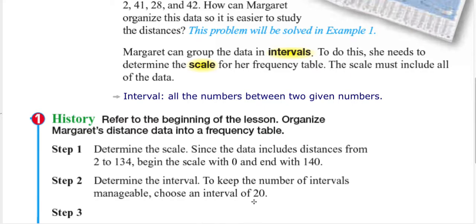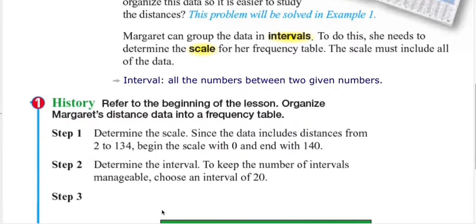That's what it means when it says intervals of 20. Remember the definition of an interval? All the numbers between two given numbers. In this case, 0 and 20 are the two given numbers and the numbers in between. So that's a good interval.